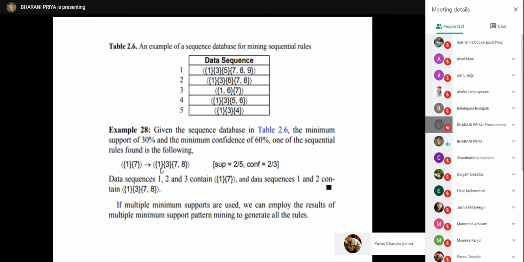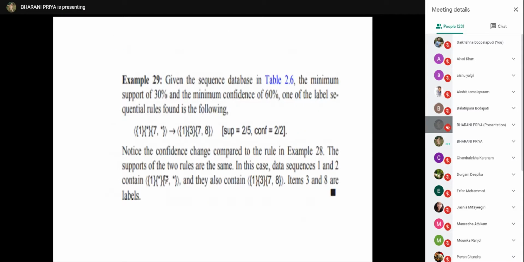See here, what is Y? 1378 is Y. X is 17. So X is produced by replacing some of the items in Y. I am replacing 3 with star and 8 with star.